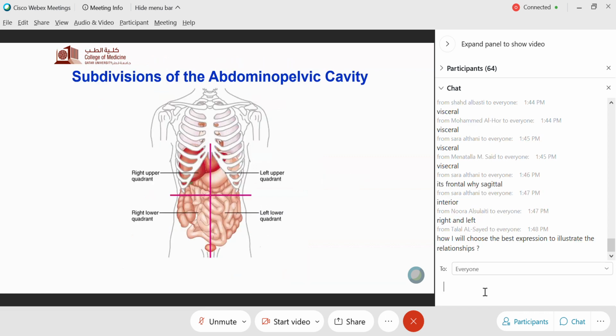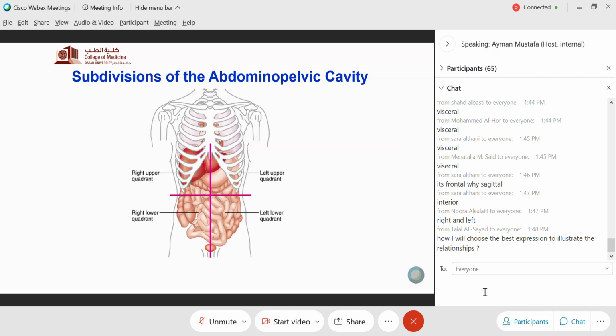The subdivisions of the abdominal cavity. One of you asked how to best illustrate the relationship between two organs. In the exam, I will tell you, when you are describing the wrist in relation to the shoulder, the wrist is, and I'm going to give you choices.